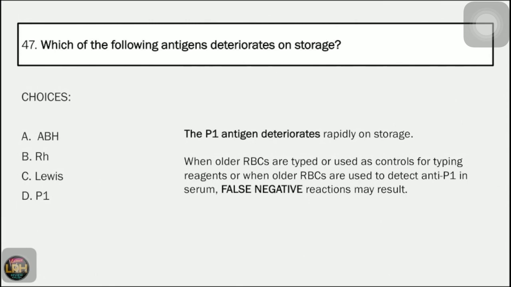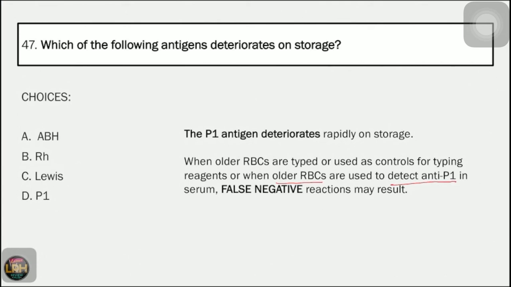So if we are using older red blood cells for typing, or as controls for typing for some reagents, or we are using older RBCs to detect anti-P1 in serum, we may expect a false negative reaction. So number 47, it is letter D, P1 antigen.